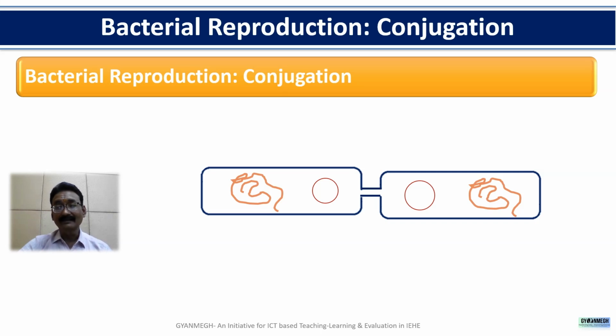In some cases, the transferred DNA molecule may exist as an episome, a plasmid capable of autonomous replication within the recipient cell. Alternatively, the transferred DNA can integrate into the chromosome of the recipient cell, resulting in permanent genetic change.